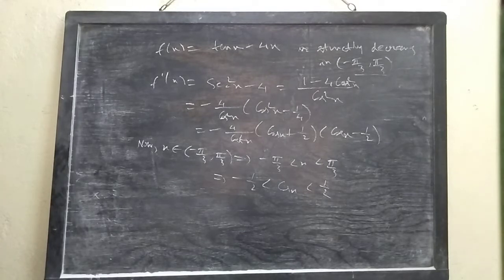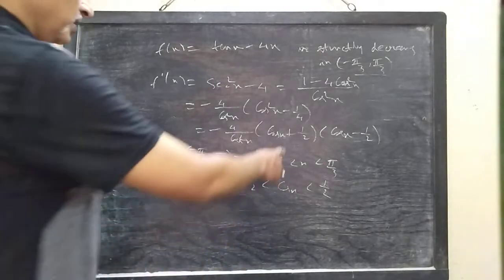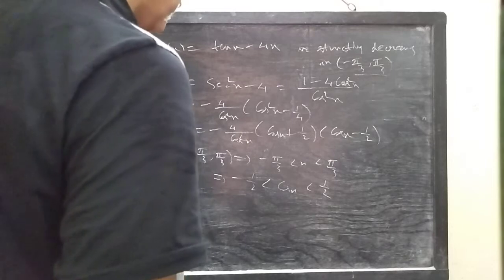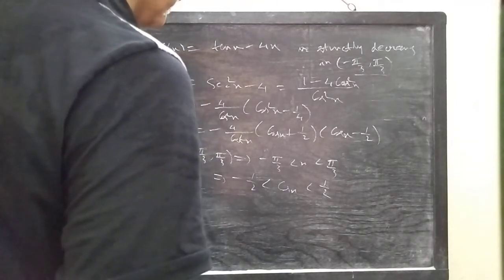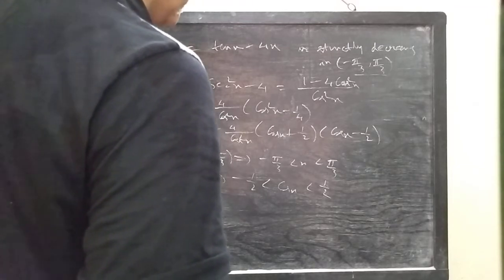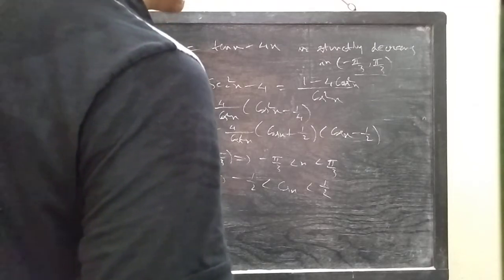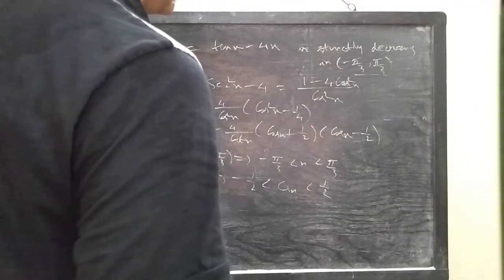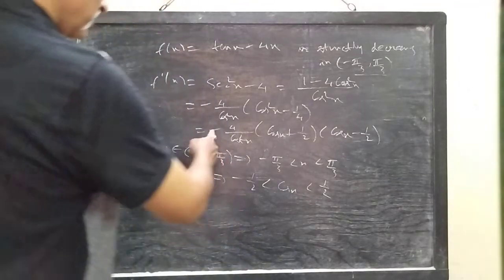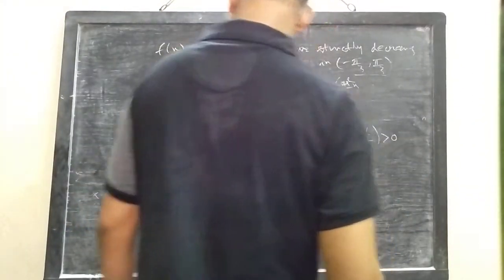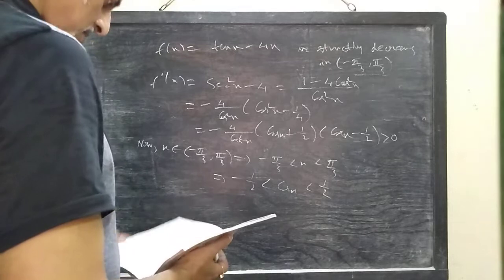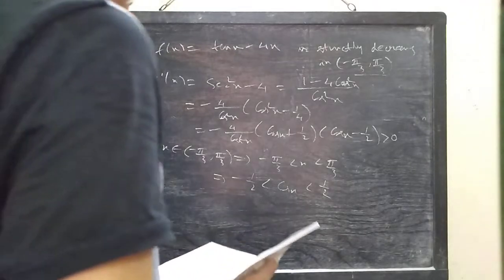So when cos x lies between minus half to plus half, this product becomes less than 0. The product cos x plus half into cos x minus half is less than 0, and here it is negative. So ultimately you get this is greater than 0. What happened?